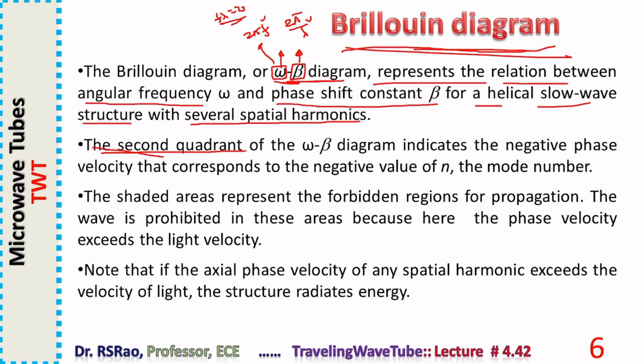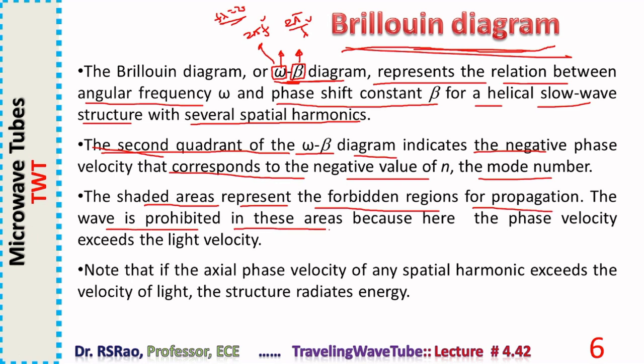The second quadrant of the omega beta diagram indicates the negative phase velocity that corresponds to negative value of n, the mode number. The shaded areas represent the forbidden regions for propagation. The wave is prohibited in these areas because here the phase velocity exceeds the light velocity. Note that if the axial phase velocity of any spatial harmonic exceeds the velocity of light, the structure starts radiating energy.